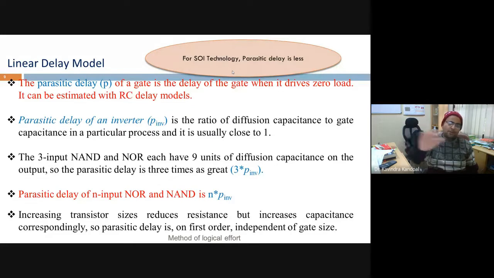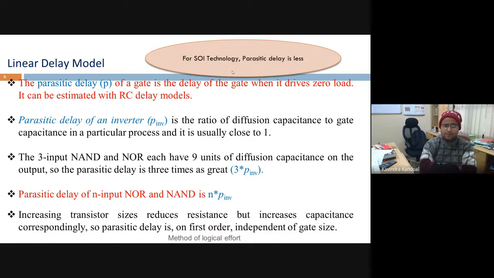You have silicon over an insulator, so the source and drain diffusion is not extending into the insulator, so it happens to be less, right? It's very simple if you go with the SOI device.